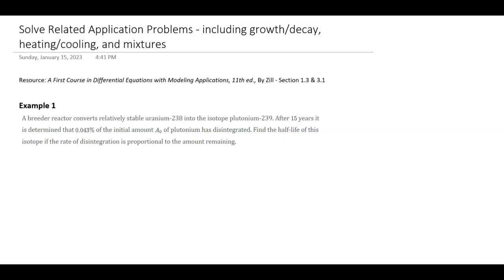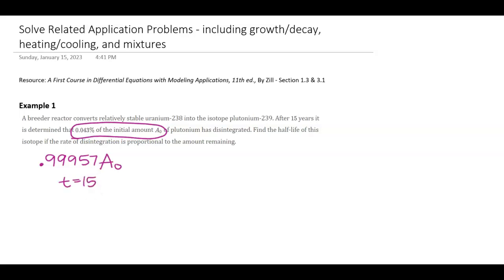Now, I want to be very careful here because what this then tells me is that 1 minus that, or 0.99957 of the amount remains. Okay, so that's very important that we do 1 minus the amount that has disintegrated to know that that's what remains when t is 15.